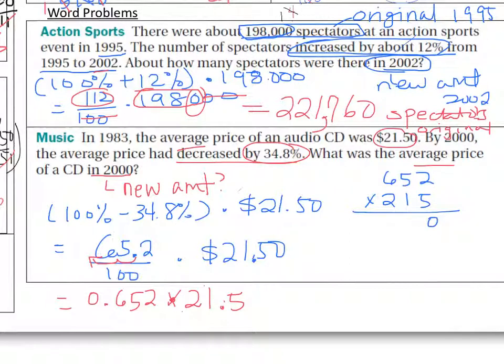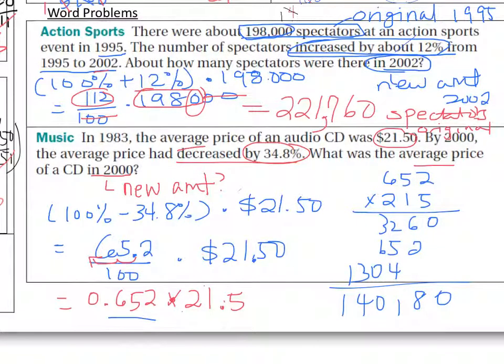And now I have 3 decimal places plus 1 decimal place here, 4 decimal places in all, 2, 3, 4. So my new amount should be about $14.02.